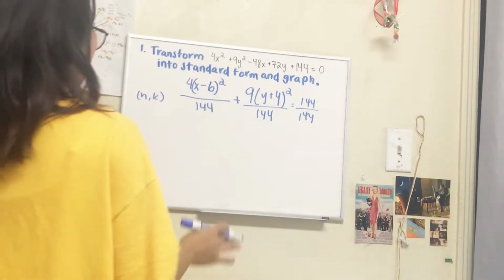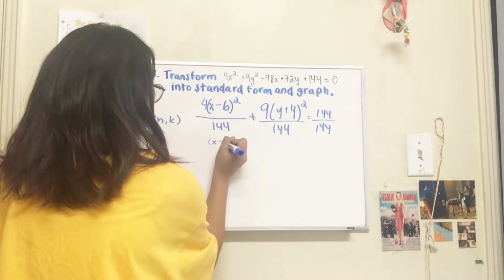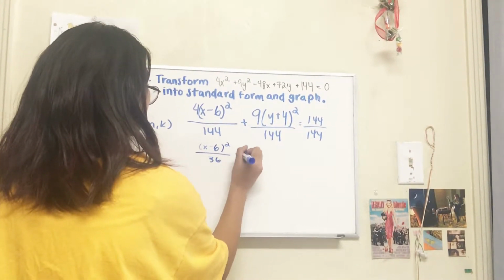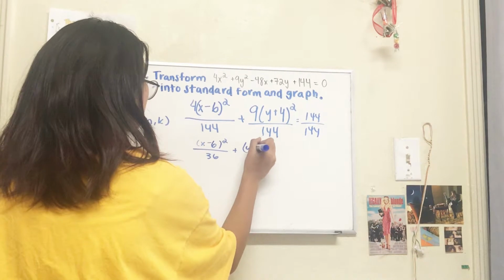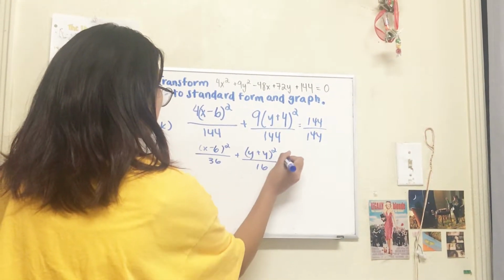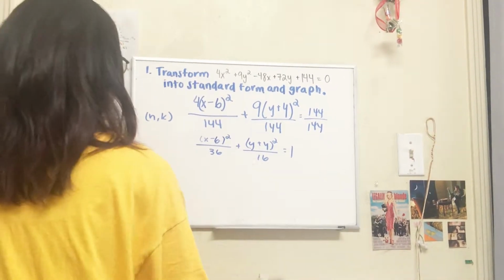So when we divide both sides by 144, we will get (x minus 6) squared divided by 36 plus (y plus 4) squared divided by 16 equals 1, thus fulfilling the standard formula and thus allowing us to finally graph.